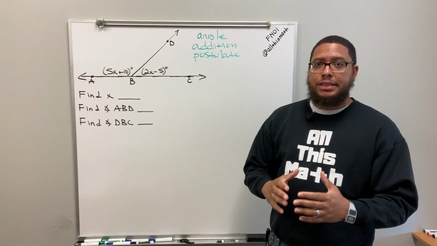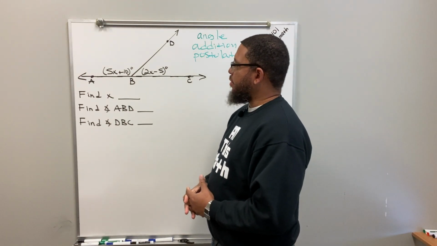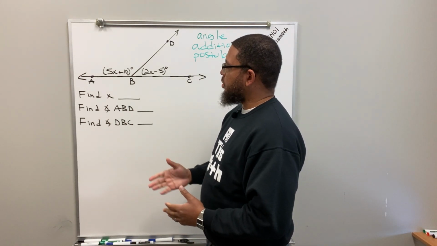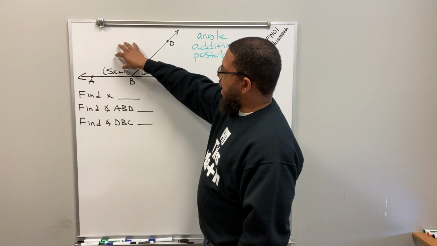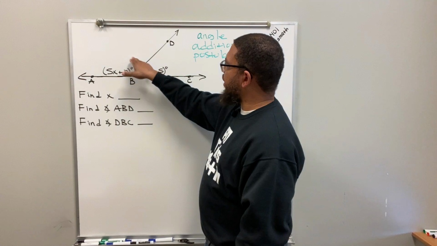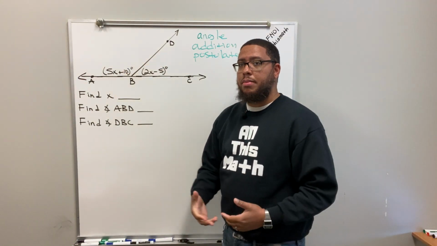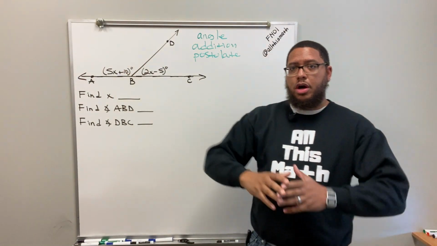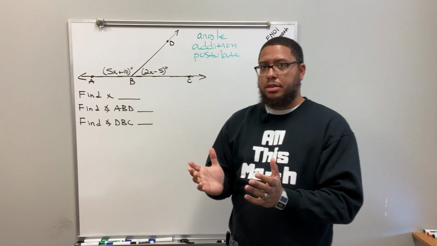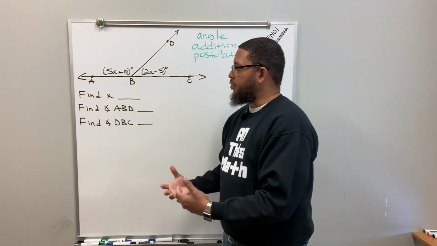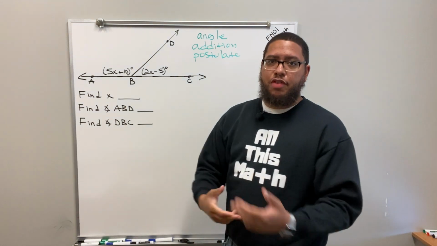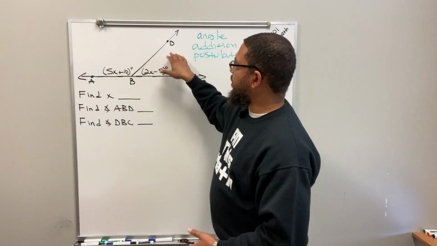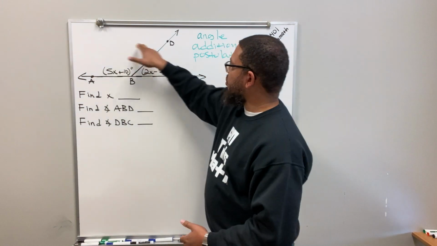The angle addition postulate says that if I have at least two angles and they are adjacent to each other, I can add the two angles together, and that sum will be the measure of the larger angle that those two angles are comprised of. Basically what it means is this. Let me simplify it even more. This angle plus this angle is equal to this whole angle.